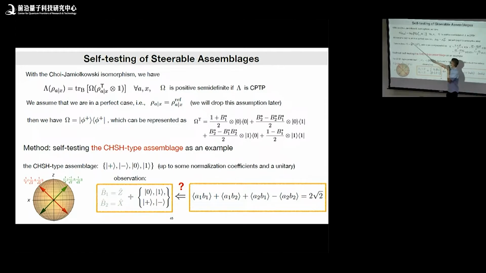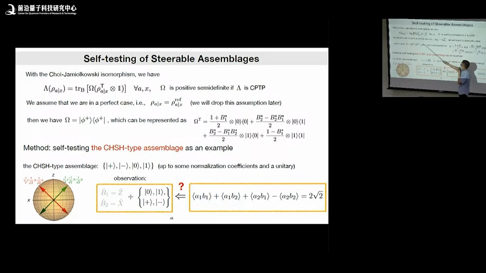Secondly, we assume that we are in a perfect case, which means that the underlying assemblage is equal to the reference assemblage, 0, 1, plus and minus. We will drop this assumption later because we are in a device-independent scenario. Because they are equal, the lambda here is the identity operator.